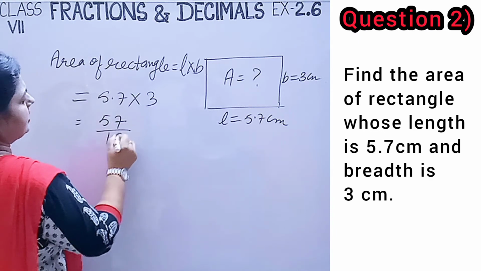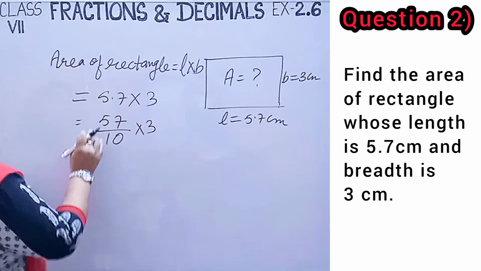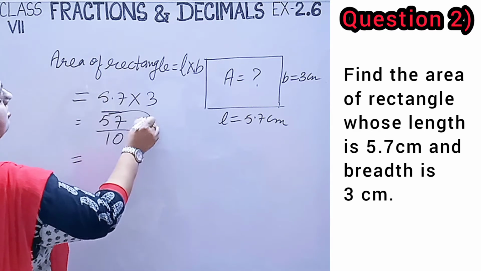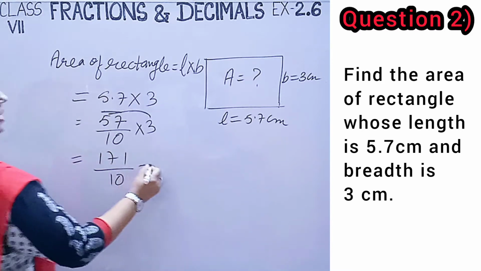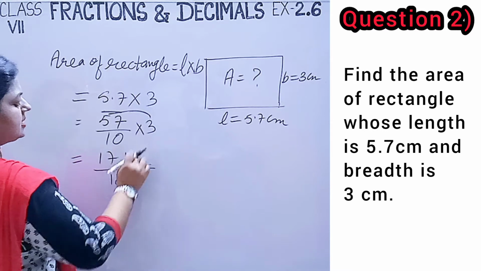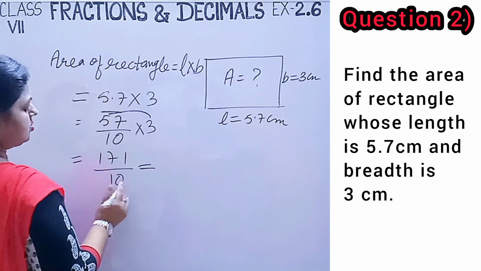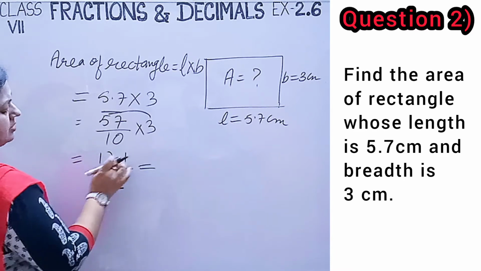57 upon 10 after removing this decimal, into 3. When we multiply 57 with 3, we get 171 upon 10. So here we have to remove this 10 because we have to convert this fraction into decimal. So we have 10, it means we have to count digits from right to left.